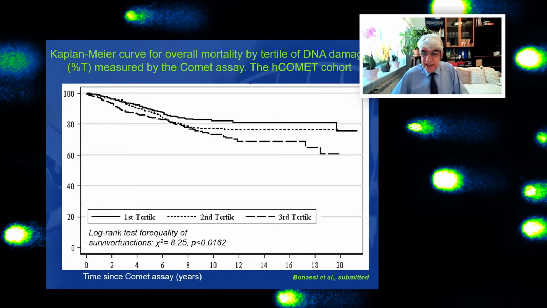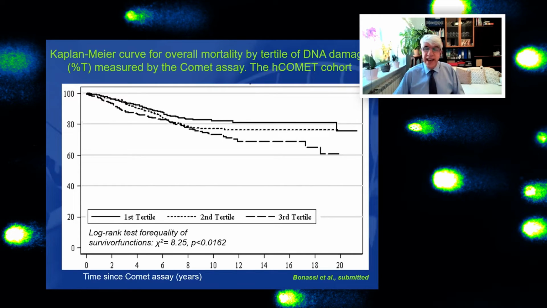Survival analysis is pretty good. That was highly significant. The log-rank test for the Kaplan-Meier curves was significant. You see that even in this case, subjects in the first tertile had a much better probability to survive. Due to small numbers, we needed to collapse mortality.